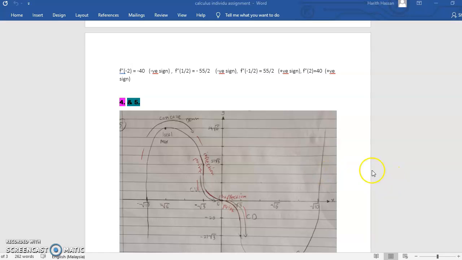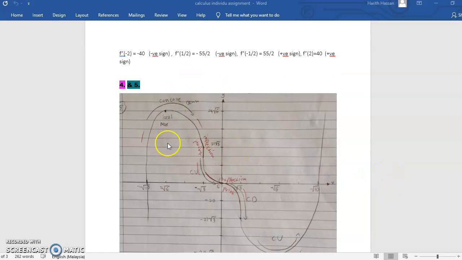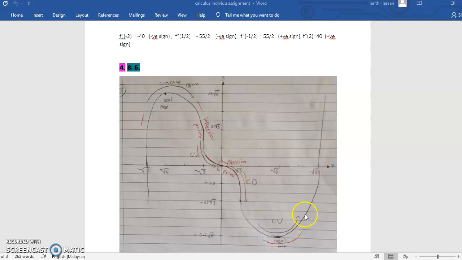So look at here. At this point, it is concave down, this is concave up, this is concave down, and concave up.